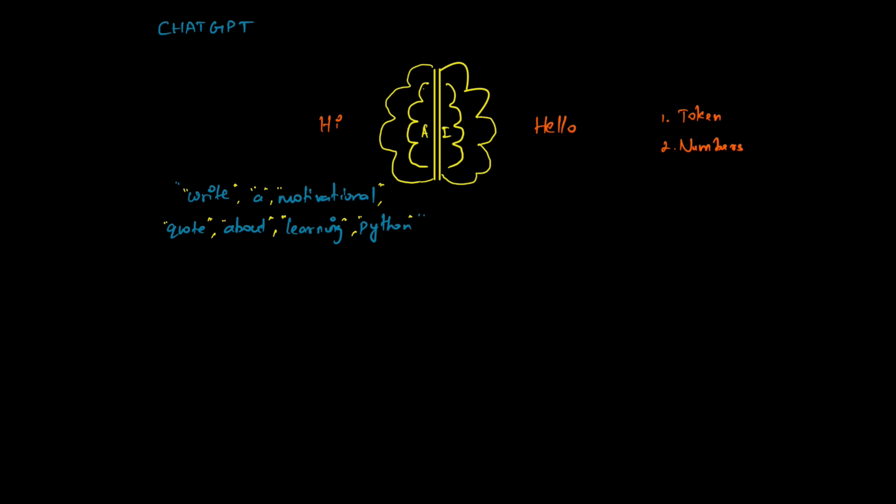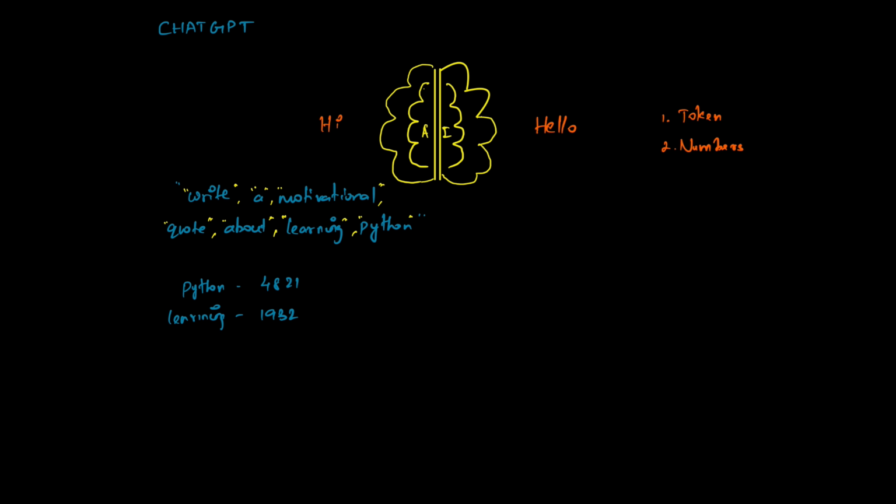Let's say Python has 4821 and learning has 1932. This is the number we give. In the sense, ChatGPT assigns, through the embeddings algorithm, a number to every word.